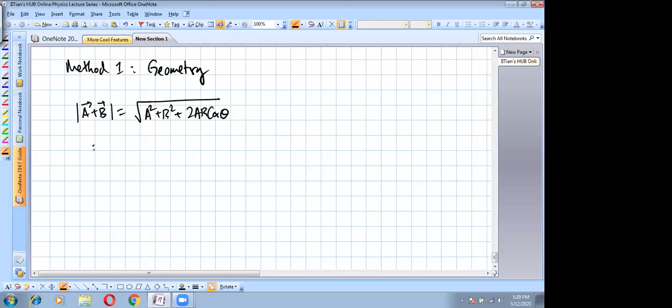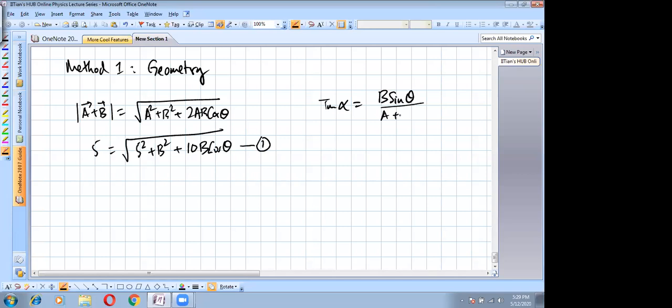So here A is 5. This is like equation 1, and tan alpha is B sin theta upon A plus B cos theta.